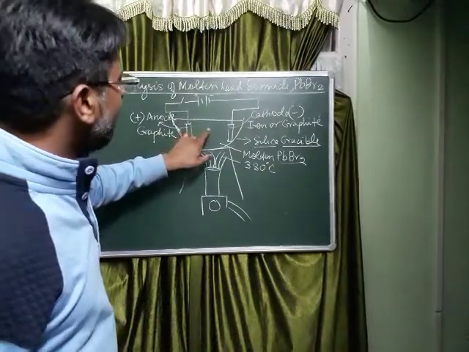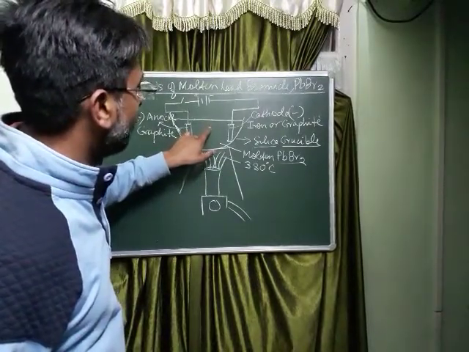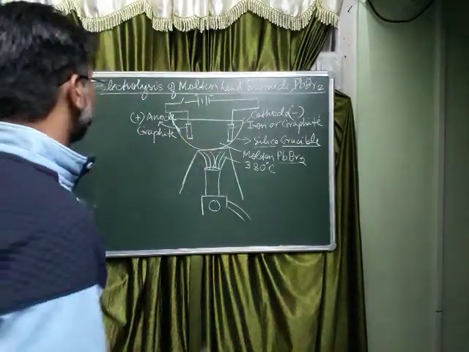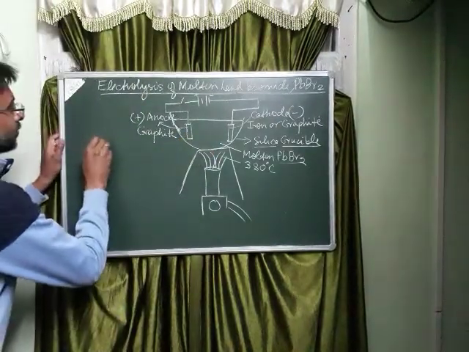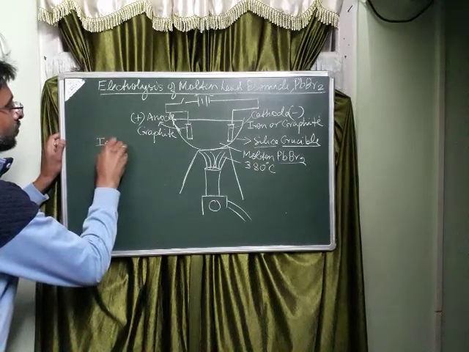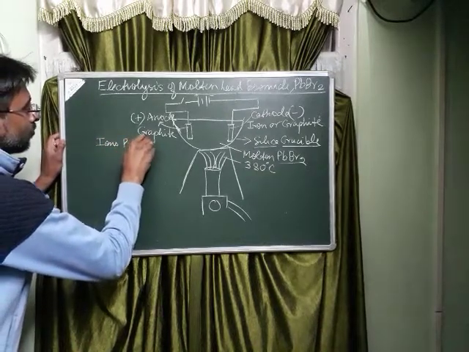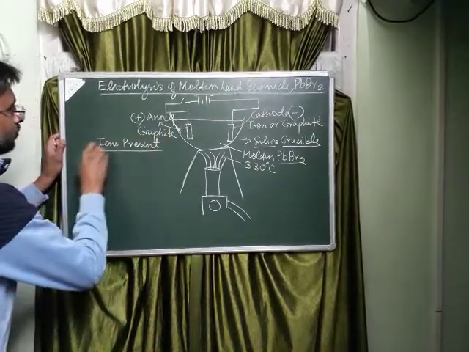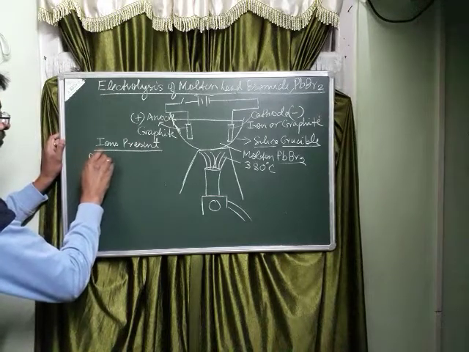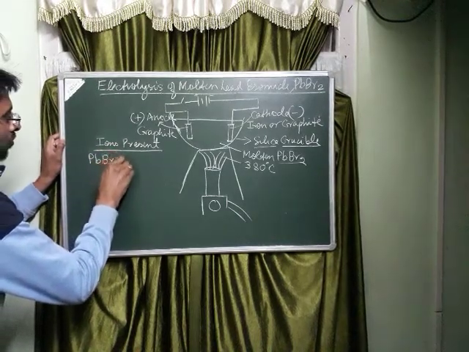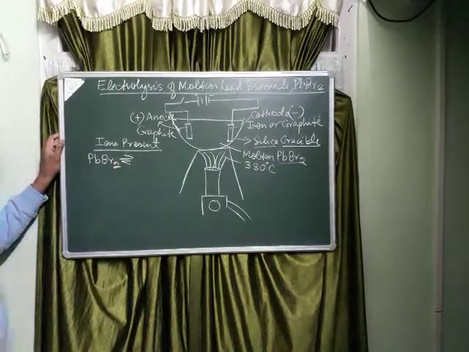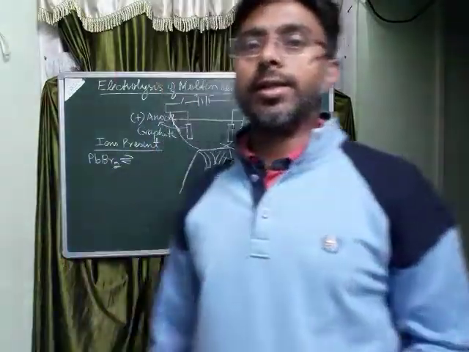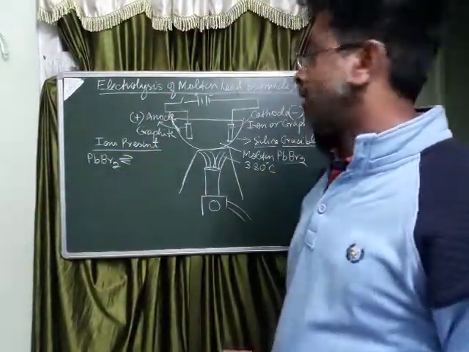Now, what are the ions present in this molten lead bromide? Let us see that. Lead bromide is an electrovalent ionic compound.